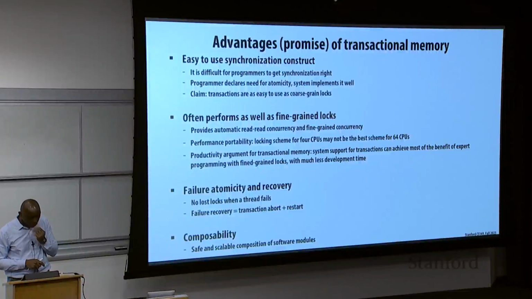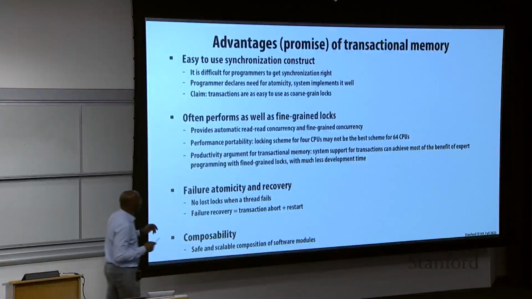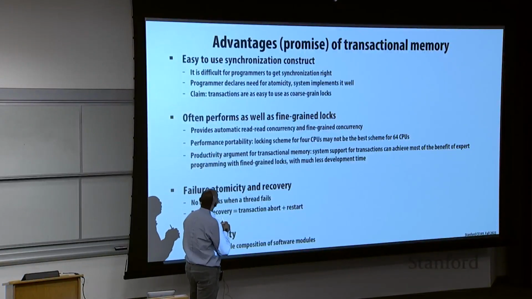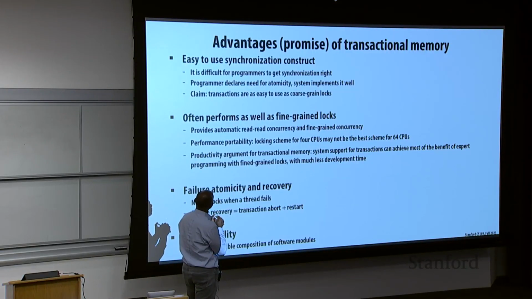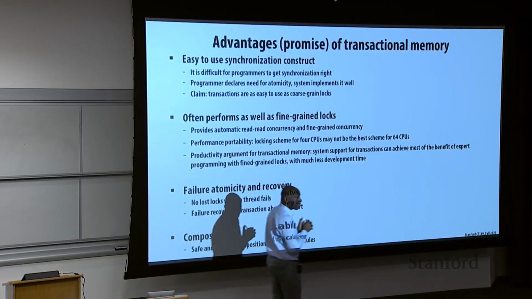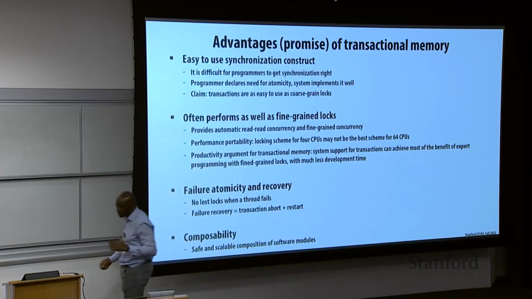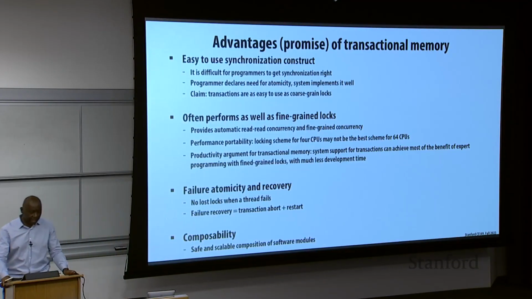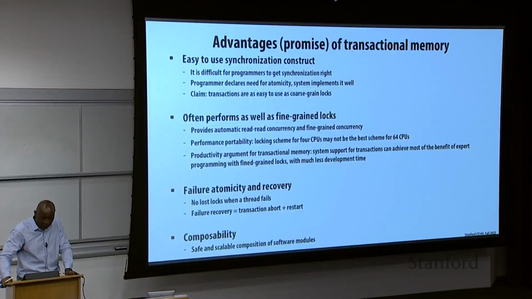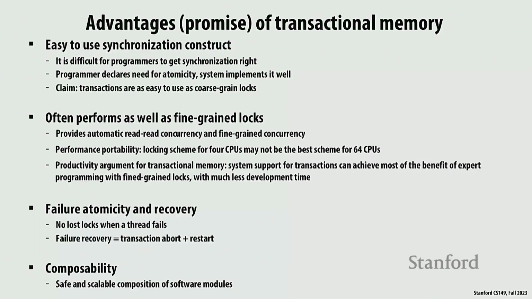All right, so just to recap now about transactional memory and why we want to use this construct. First of all, it's an easy to use synchronization construct, right? So we said it's difficult for programmers to get synchronization right. You're stuck between optimizing performance with fine-grained locking or getting correctness with coarse-grained locking.